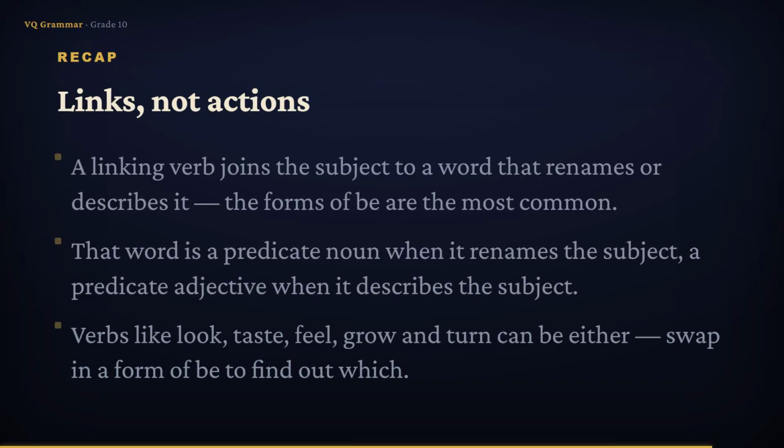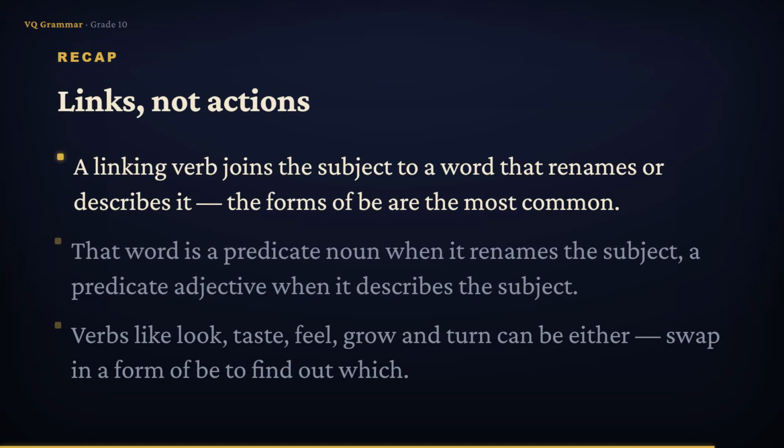Let's gather it all up. A linking verb doesn't show action at all. It joins the subject to a word that renames it or describes it. And the most common linking verbs are the forms of be: am, is, are, was, and were. The word on the other end of that link has a name too.